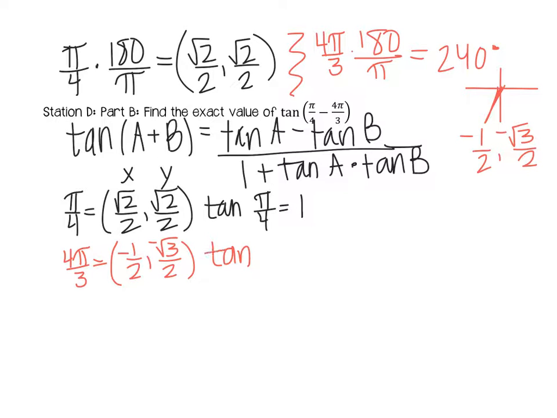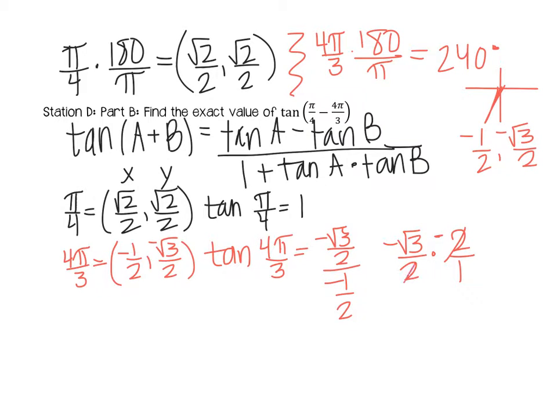So the tangent of 4 pi over 3 is going to be the sine divided by the cosine. Okay, so that just tells me that I'm going to flip and multiply. These twos cross each other out. A negative and negative make a positive. So the tangent is root 3.